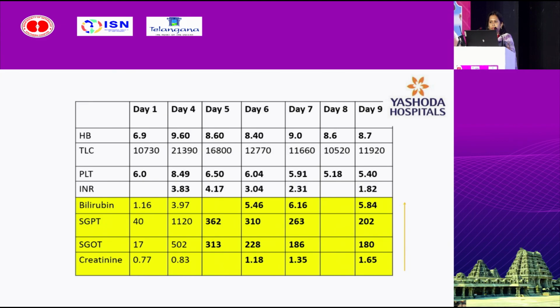So the drug, voriconazole, was stopped because the liver injury was suspected to be due to the antifungal. However, the bilirubin remained high, and the liver enzymes have reduced, but not completely.